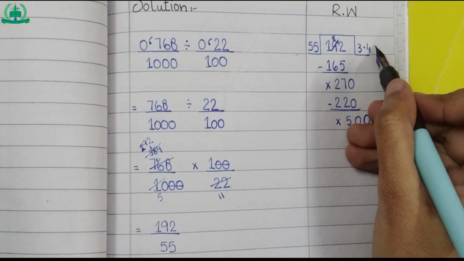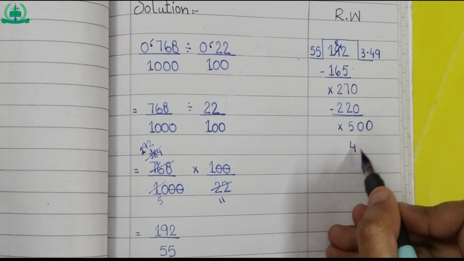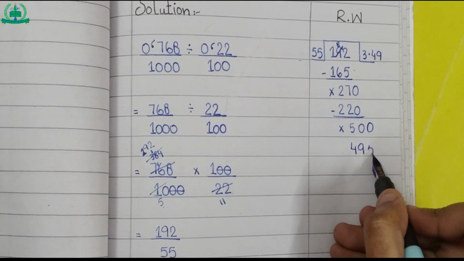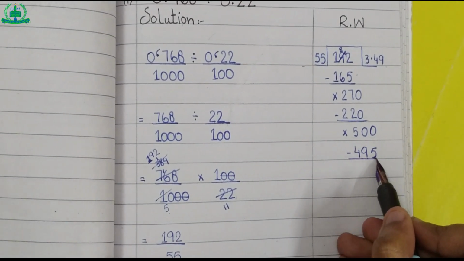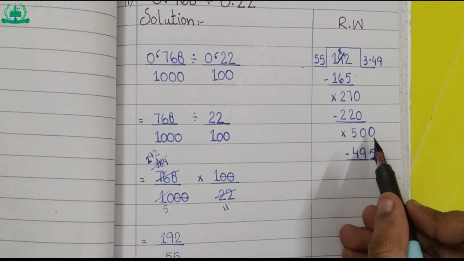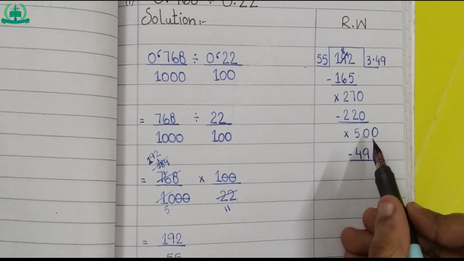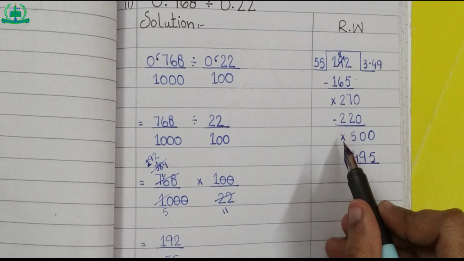55 multiplied by 9 makes 495. Minus, we cannot subtract 5 from 0, so we borrow from left hand side, but first number is 0, so we cannot borrow from 0. We borrow 1 from another number, which is 5.